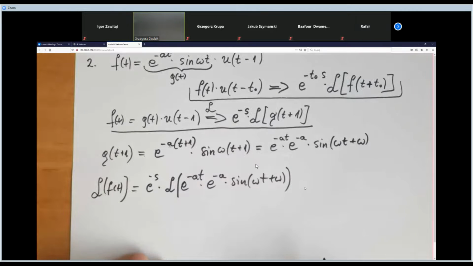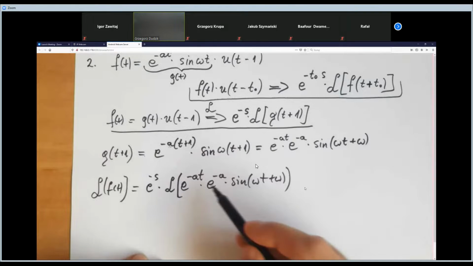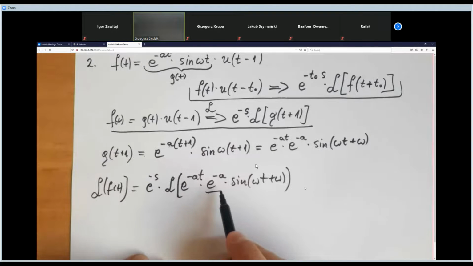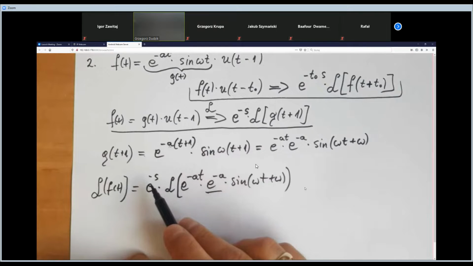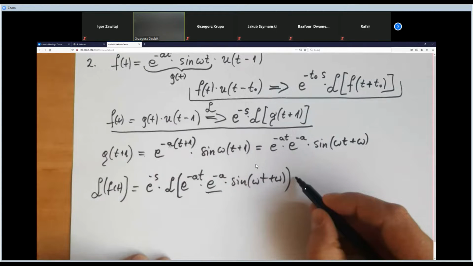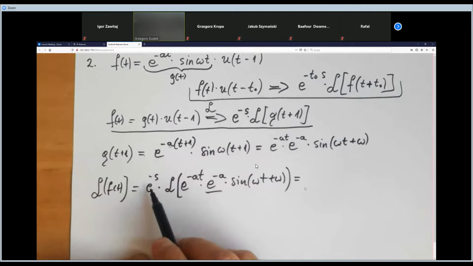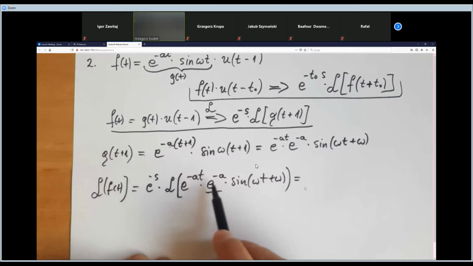Okay, great. First thing, we have to take a look where we have the constant values, where the components without the t, in fact. Yeah? This is it. So the e can be moved before the Laplace transformation. So it will be equal e to minus s times e to minus a.